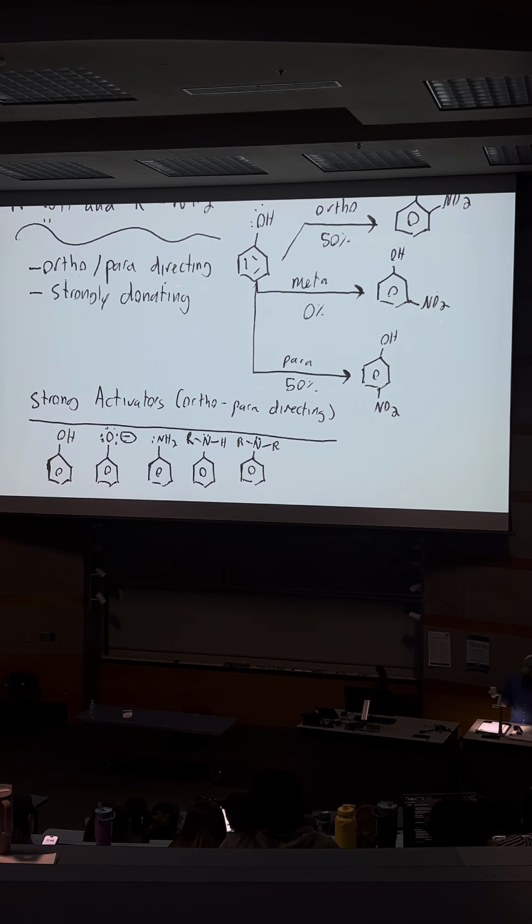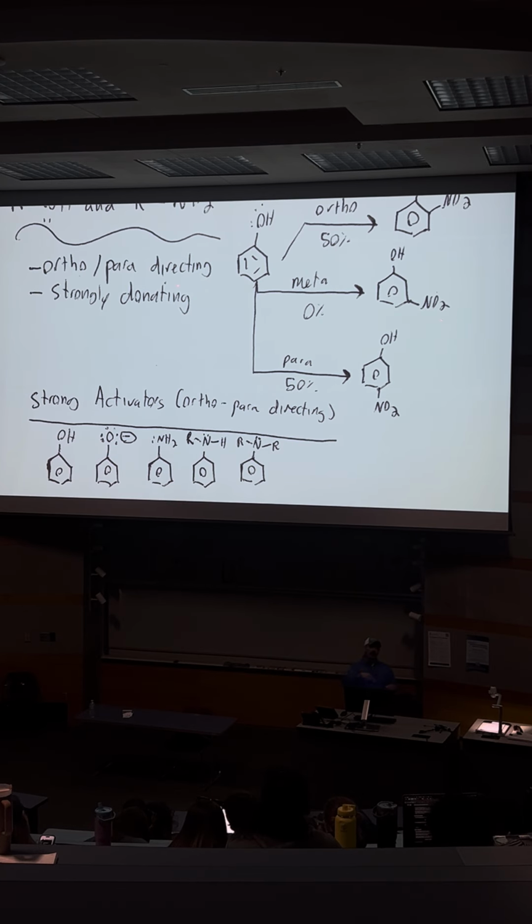Now I do want to point out that we've labeled this last group of molecules strong activators. There's a very good reason for that, because what I'm about to give you is a list of moderate activators. The strong versus moderate activators are not really going to play a role so much in putting 2 things on an aromatic ring, but they're going to play a major role when you put 3 things on the ring.